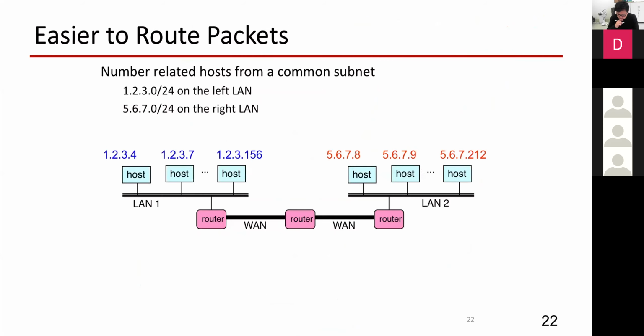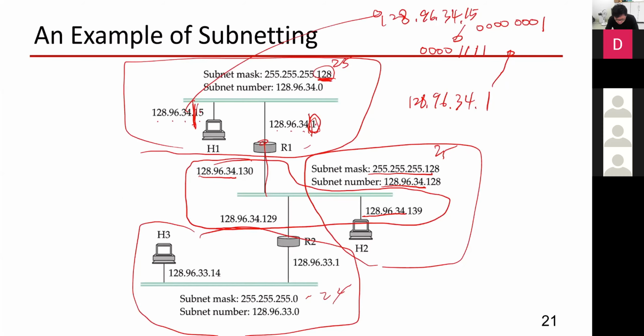If I set /25, the first bit of the last byte should be fixed, same as before. Okay, move on to this one, which is /25. Now let's look at this one, which is /24: 128.96.33.1.